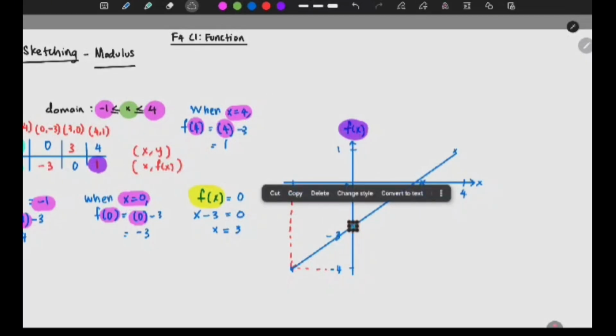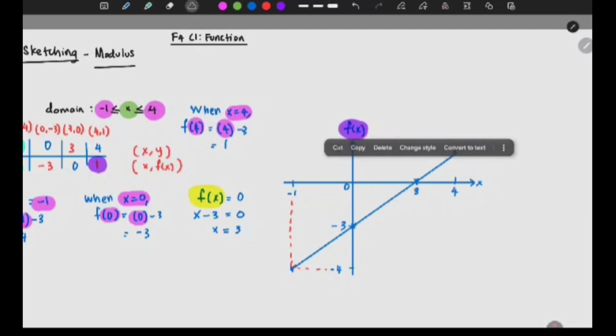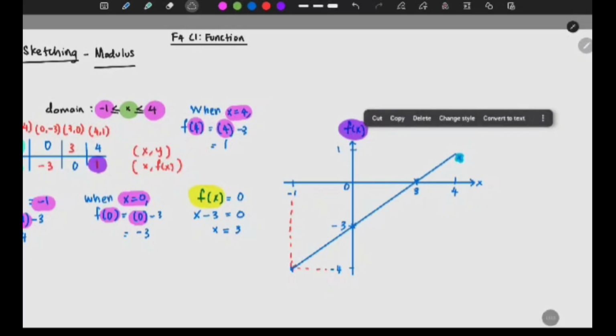I have these editing tools, so no worries. When sketching, you can't be too accurate because the scale is not accurate, so you might not get a straight graph. You have to adjust, but you have to see a straight line. So your graph will look like a straight line.